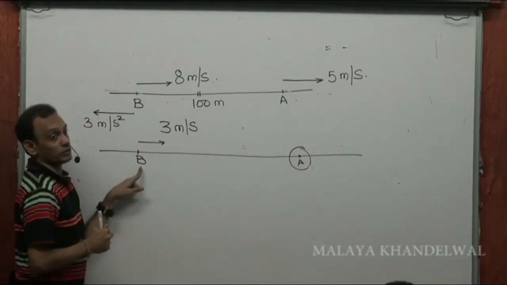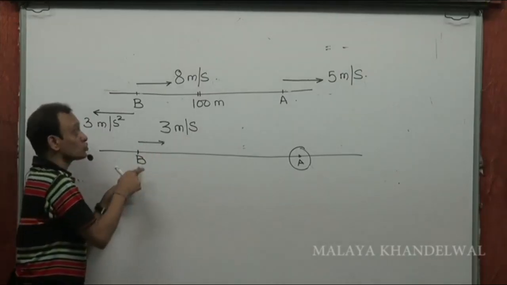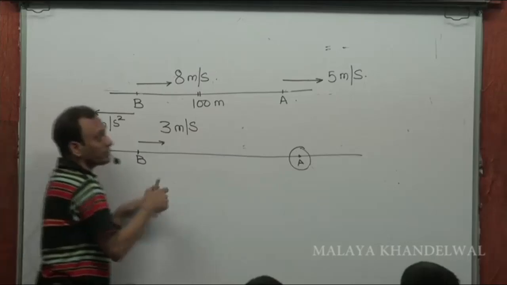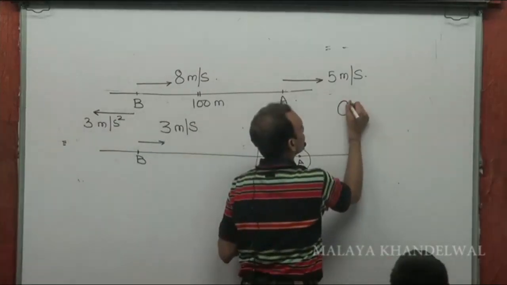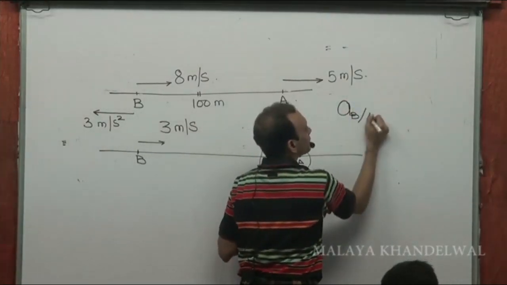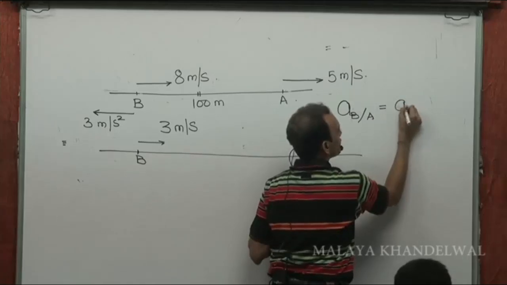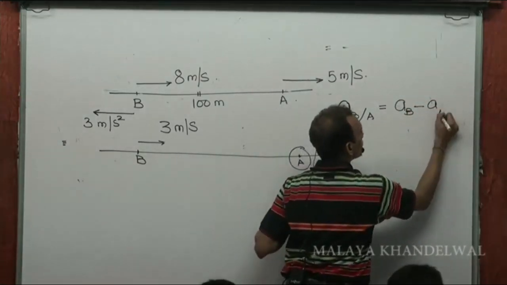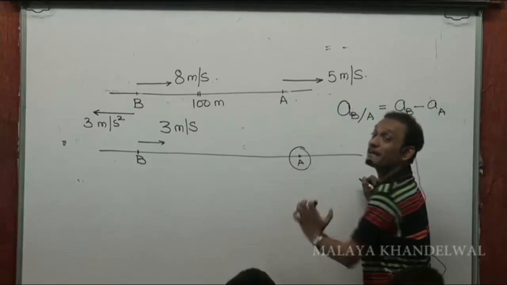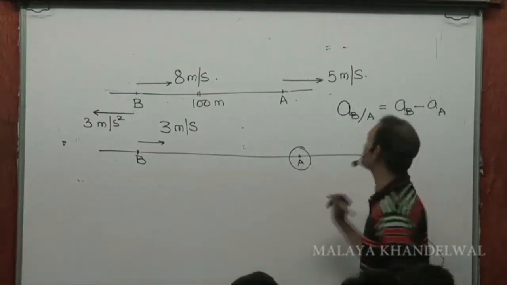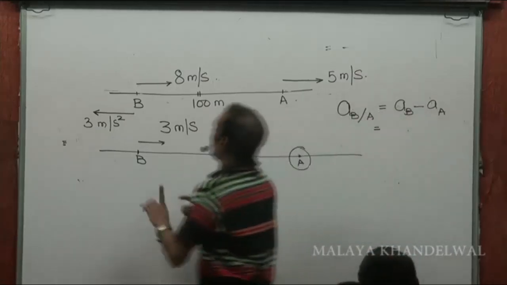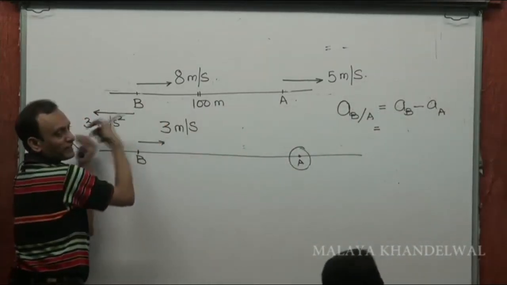Now, what would be the acceleration of B as seen by A? It is going to be acceleration of B minus acceleration of A, all with respect to A, because A is my observer. I'm taking everything rightward positive, everything leftward negative.